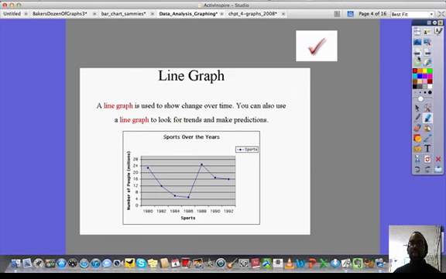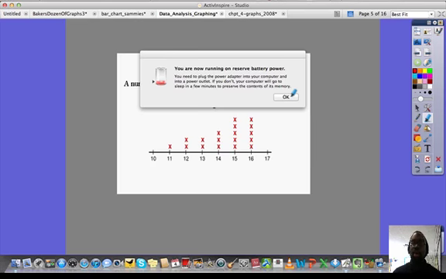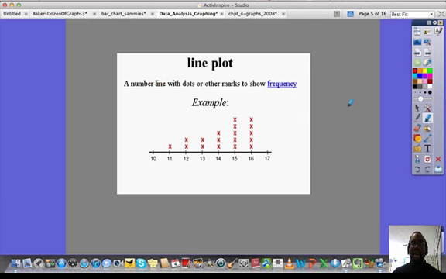A line graph with dots or other marks shows a frequency, or how many times something has occurred. Let's say I had a big bowl of M&Ms, and I let everybody walk around and put their hands into the bowl.